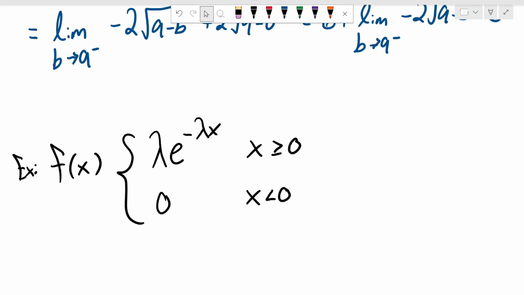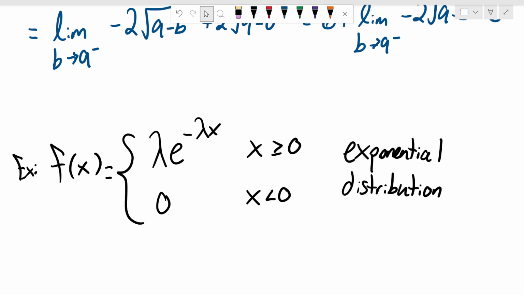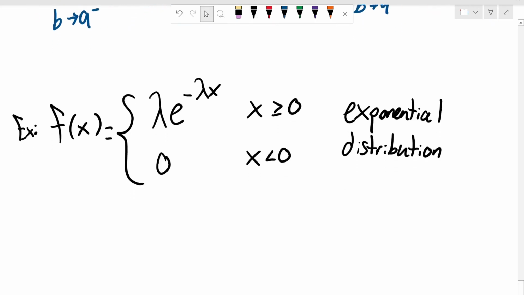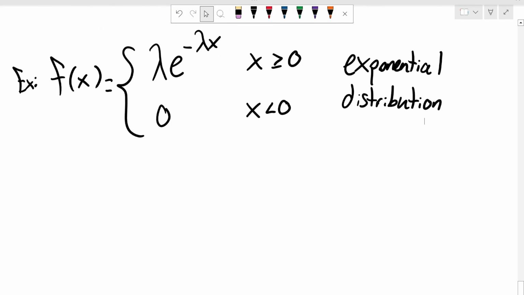So the integral over the entire area where the function is defined equals 1. This one in particular is known as the exponential distribution, and it's typically used to model the time between events of particular processes.